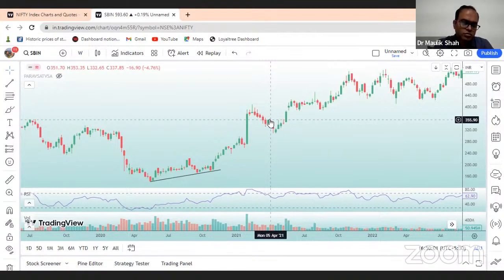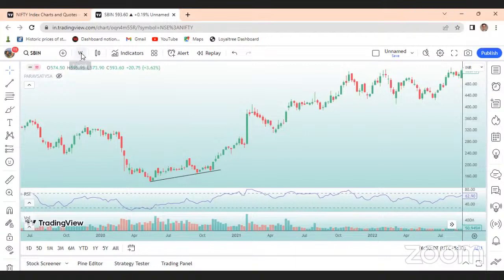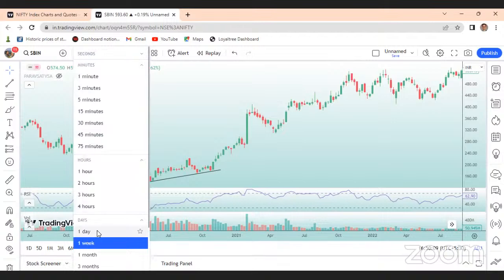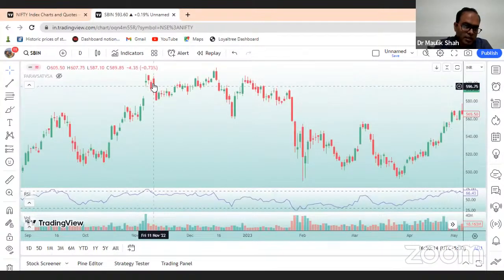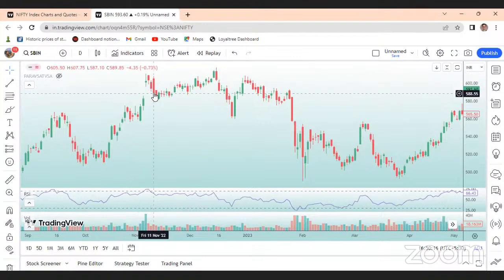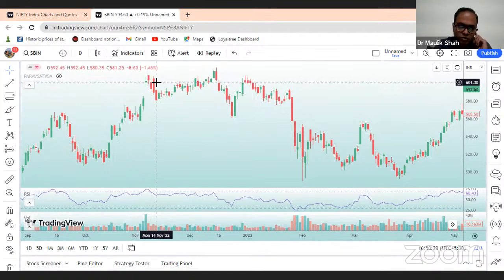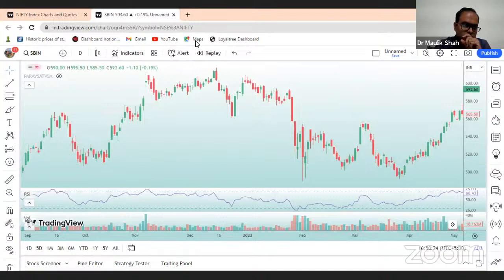This is a weekly chart. Here we can change this, so we can go to the daily chart also. This is the daily chart, where each candle is a 1-day candle.